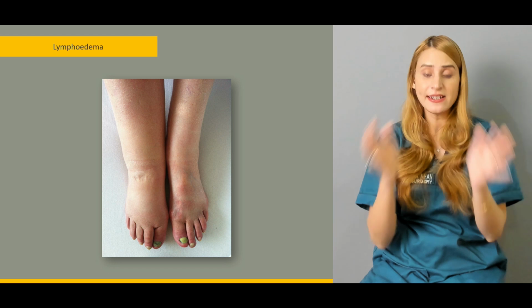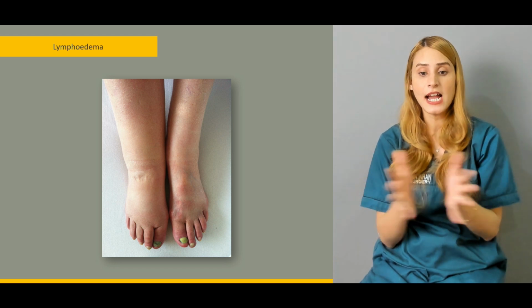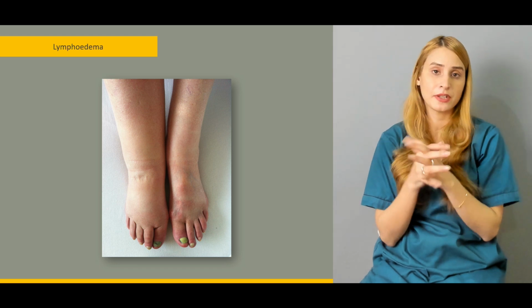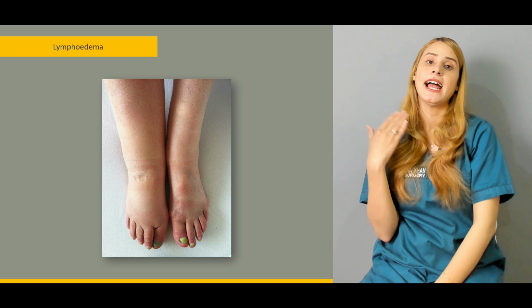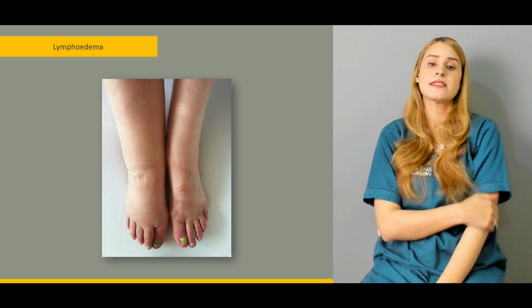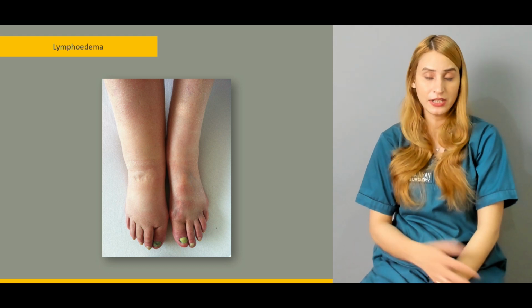That is lost because of a lot of edema fluid. So it's a typical picture, and sometimes it extends to the shin and ultimately to the knee. It can be primary lymphedema, or it can be secondary lymphedema.